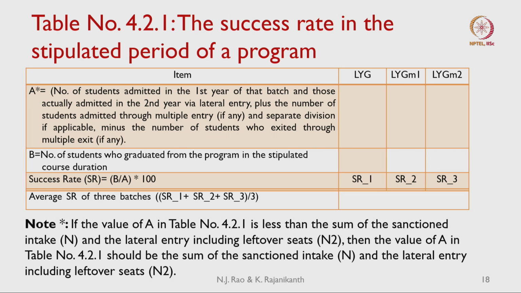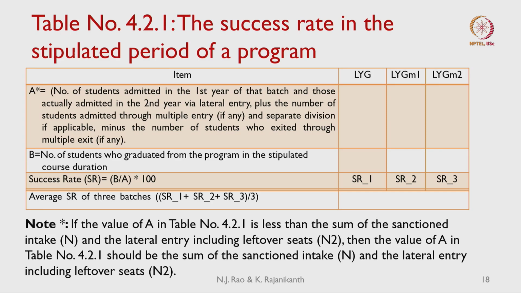If the admitted number of students is so less that these numbers which you are computing under A turns out to be less than this value, then we do not give advantage of that. We take the sanctioned intake plus lateral entry.